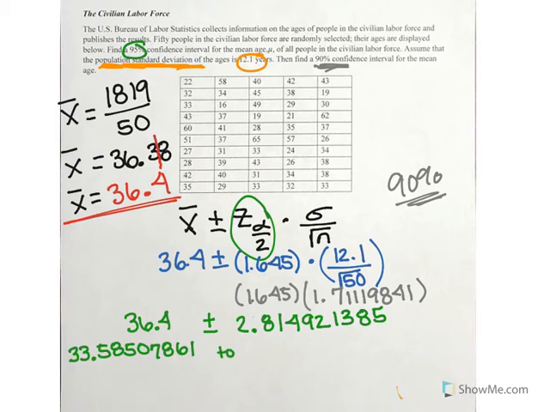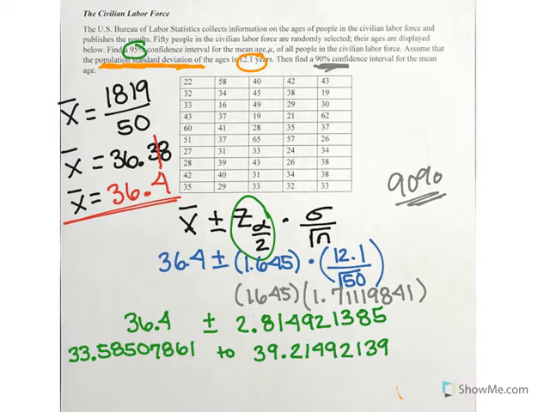And when I take that number and add it to 36.4, we get 39.2149239.